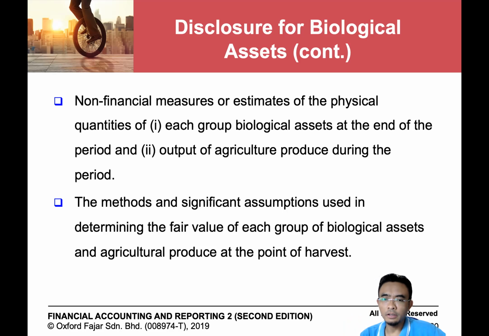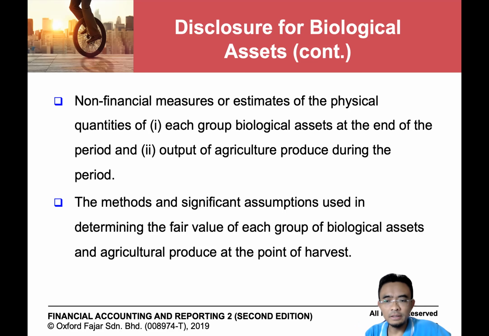It is about the agricultural produce lah. Maknanya from the biological asset, apa yang telah diproduce. What are the agricultural produce for the biological asset. Macam tadi kita tengok dalam table 5.1, right? So we have biological assets and we have the produce next to it.